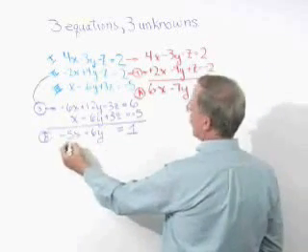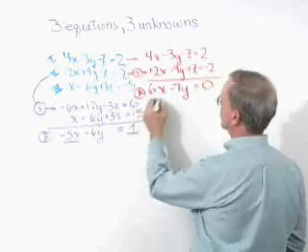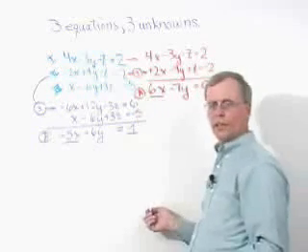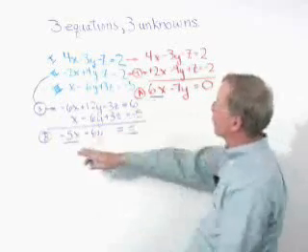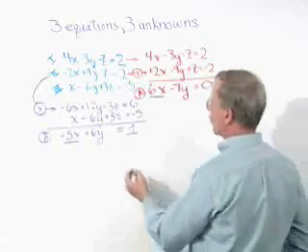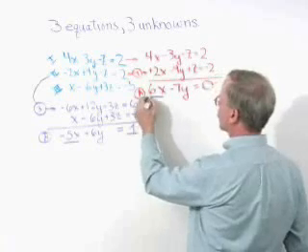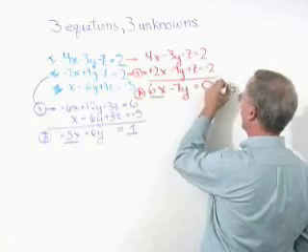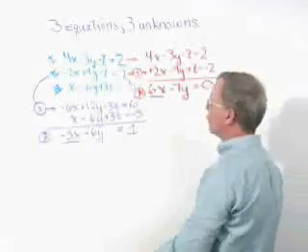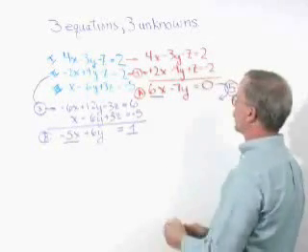If we have negative 5x and we have 6x, we could multiply one by 5 and the other by 6. So we'd want to multiply this one by 5, wouldn't we?